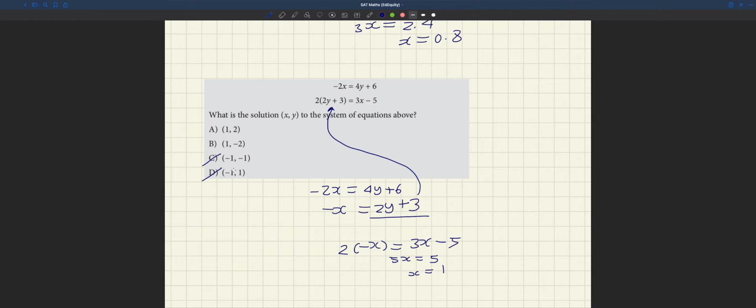Now to find the y value, we input x as 1 in the first equation. So negative 2 times 1 equals 4y plus 6. This can be simplified to y equals negative 2. So therefore, the solution to this question is B, (1, negative 2).